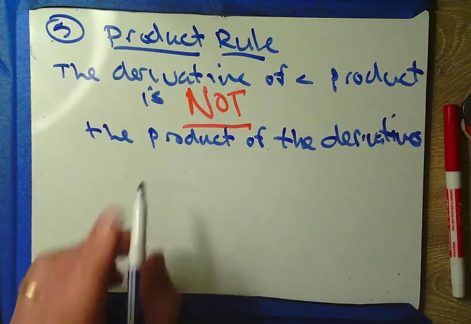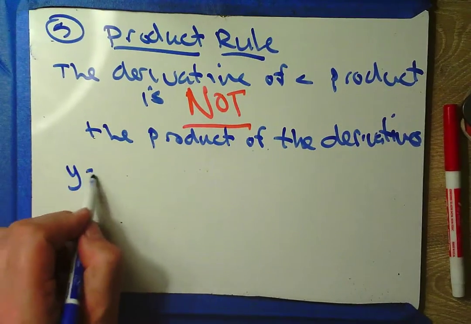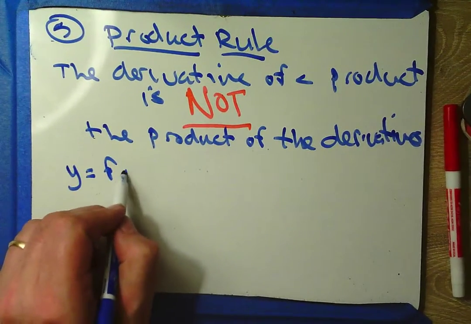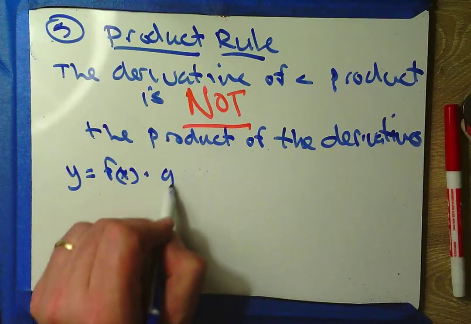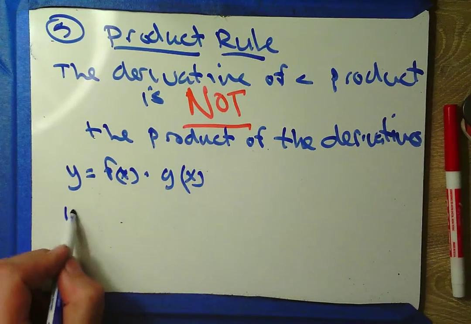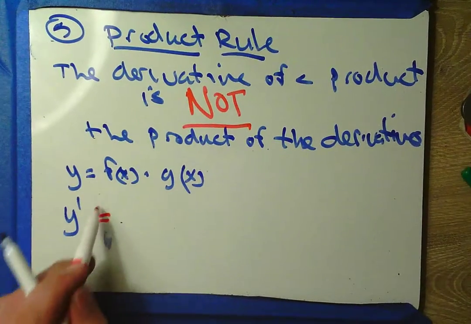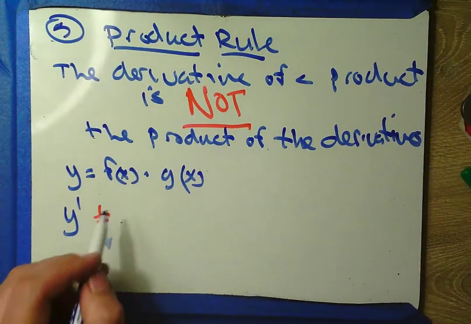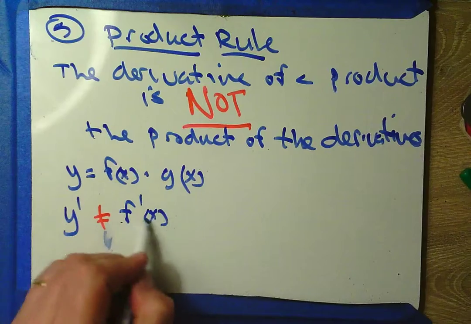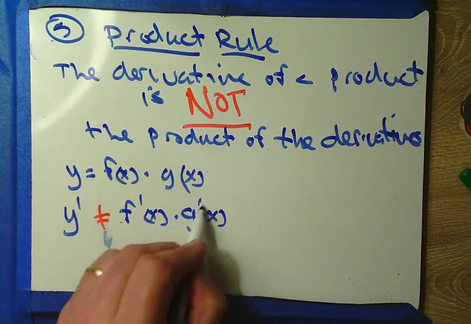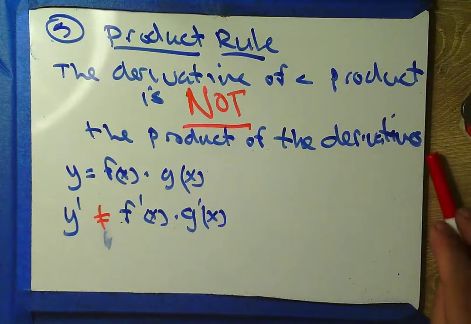What does this mean? Well, it means that if y equals f of x times g of x, then y prime is not going to be f prime of x times g prime of x. I know that worked with sum and difference, but it does not work here.